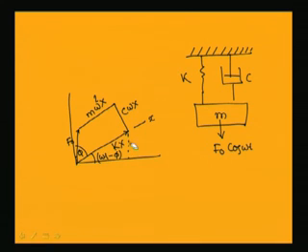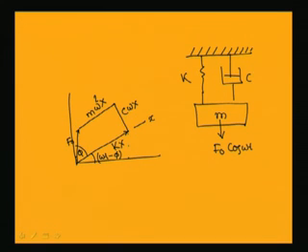Similarly, the vertical component of the damping force will be C x dot, and likewise for the inertia force. When you apply a force of sin omega t, the forces are represented by the vertical components shown in this graphical method.